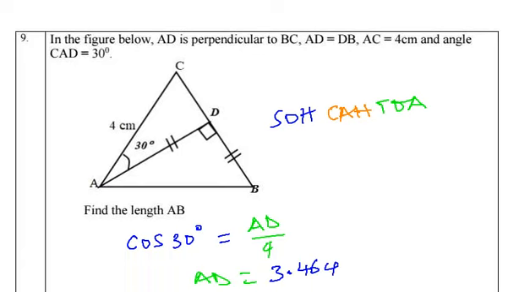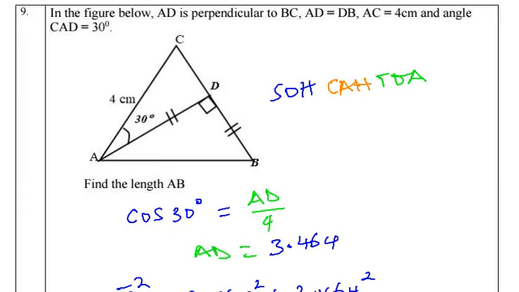Question 9. We have a figure here, and we have the two sides being equal, and an angle of 90 here, and we are asked to work out the length AB.